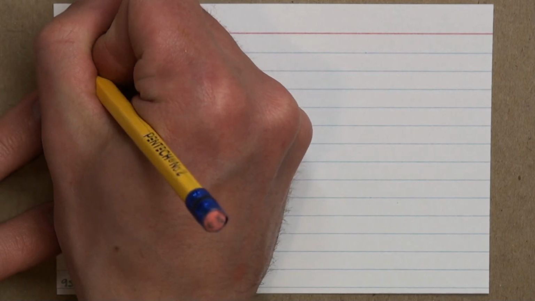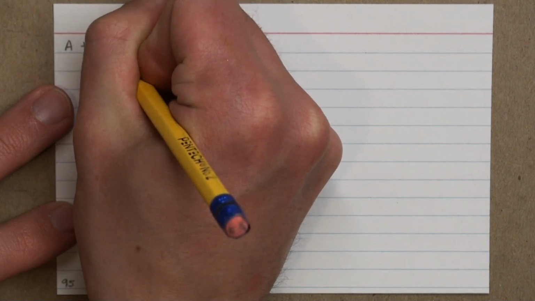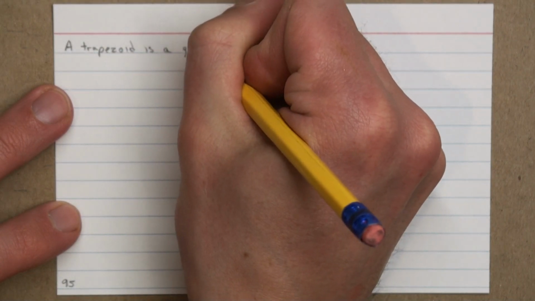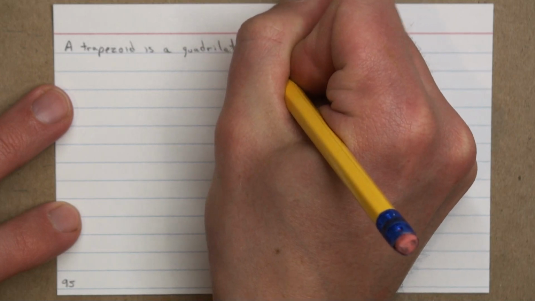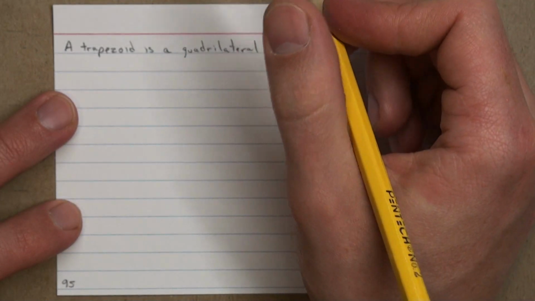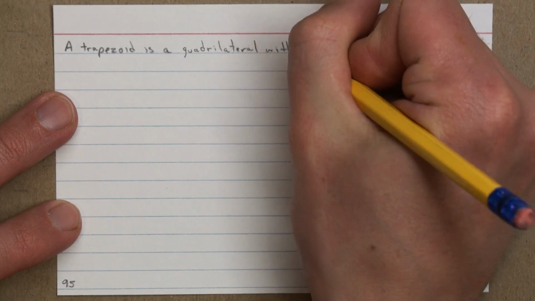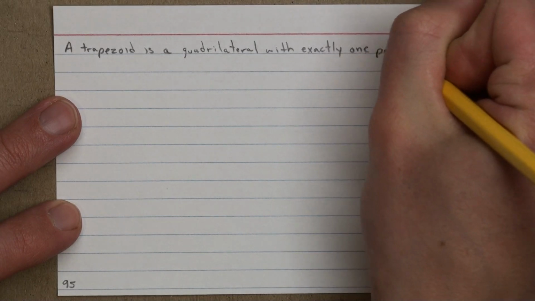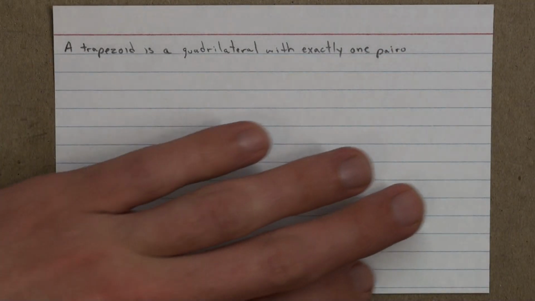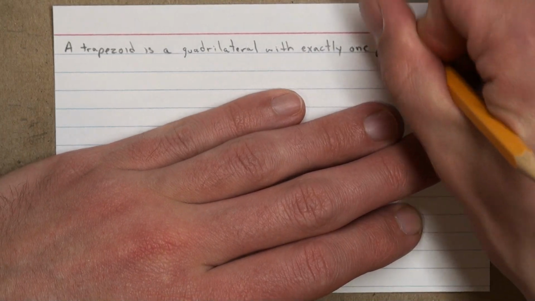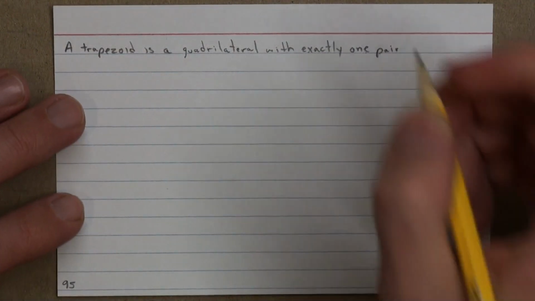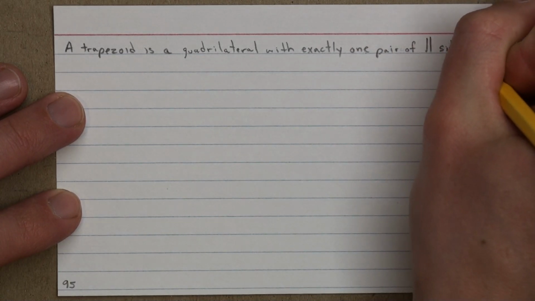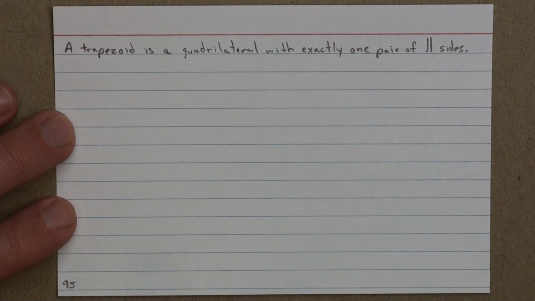So a trapezoid is a quadrilateral with exactly one pair of parallel sides. One pair of parallel sides. Okay?